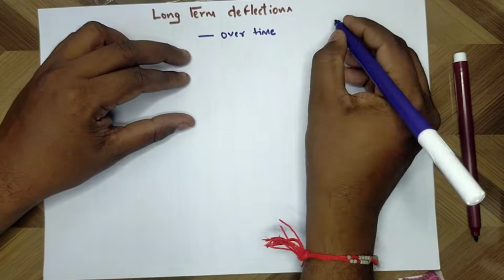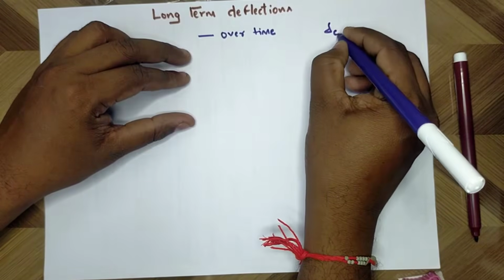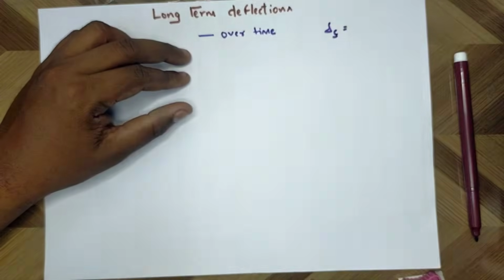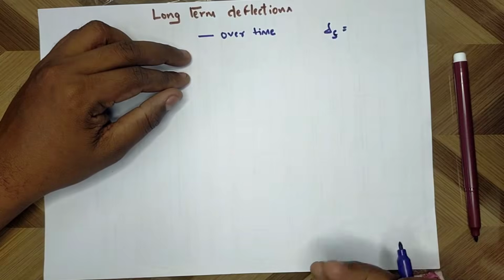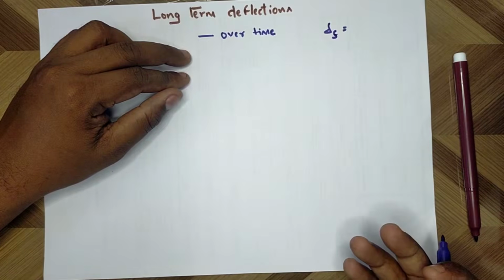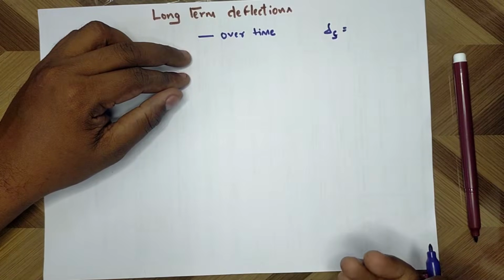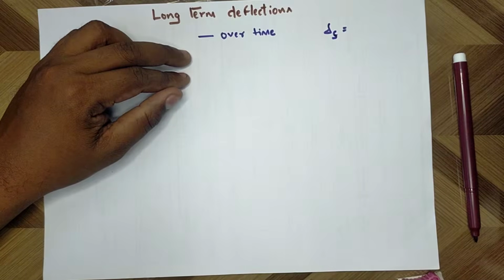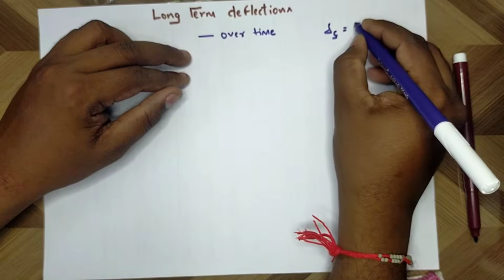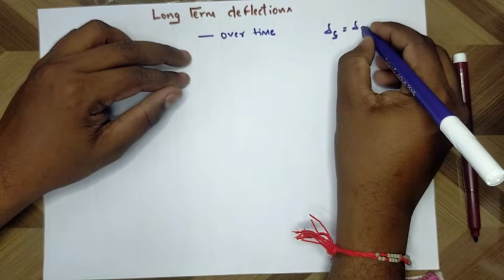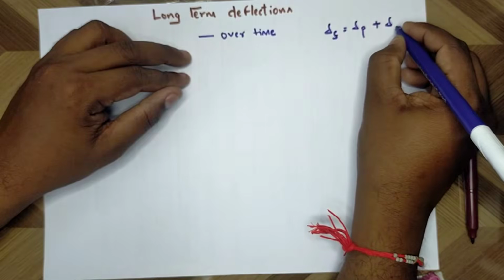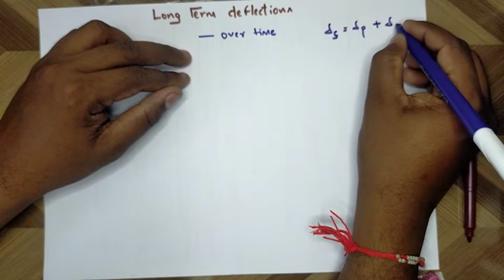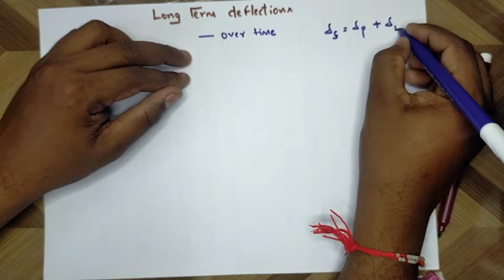The short-term deflections are the deflections which occur immediately after loading, or immediately after prestressing. That's why short-term deflection is equal to the sum of deflection due to prestressing force plus deflection due to loads.